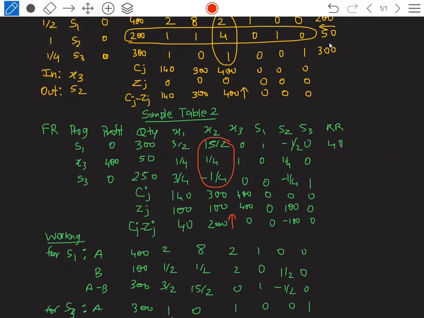Then the next is 400 divided by 1 by 4. That is actually 400 into 4, so that's 1600.